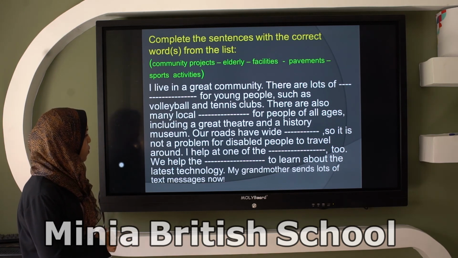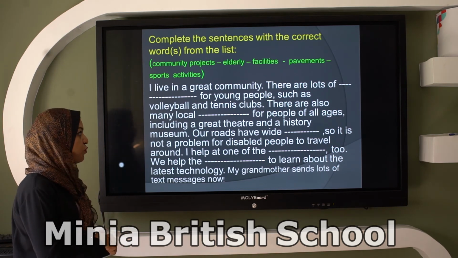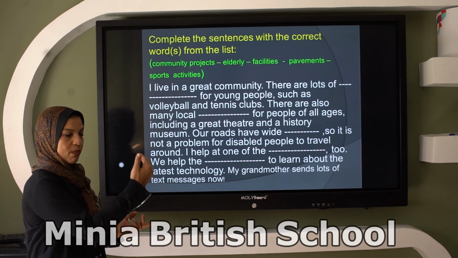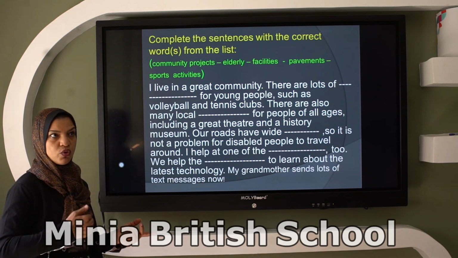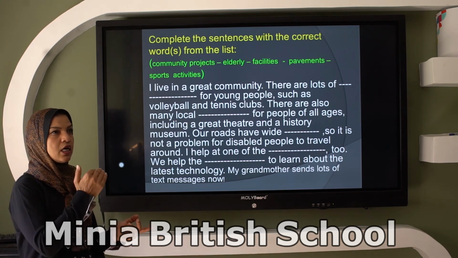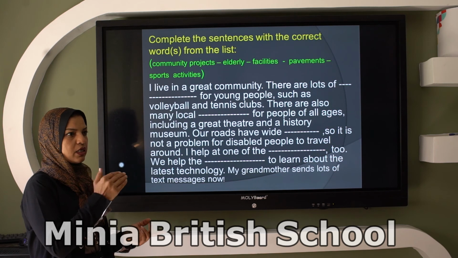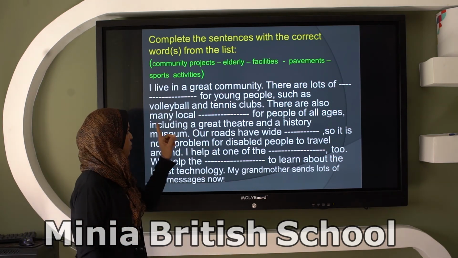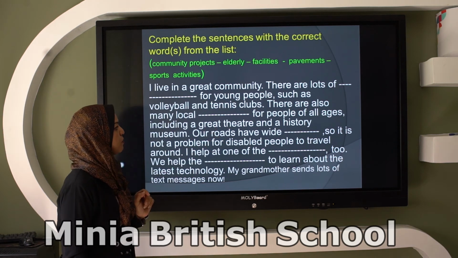There are also many local, what, for people of all ages, including a great theater and a history museum. I'm talking about a theater and a museum. So those are buildings in the city or in a town to make it easier for people to live there. So the only word that works is facilities. So we've got local facilities.